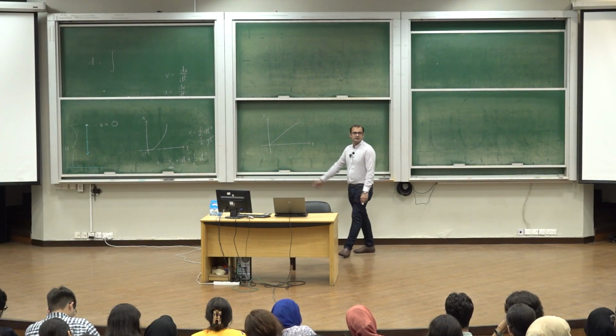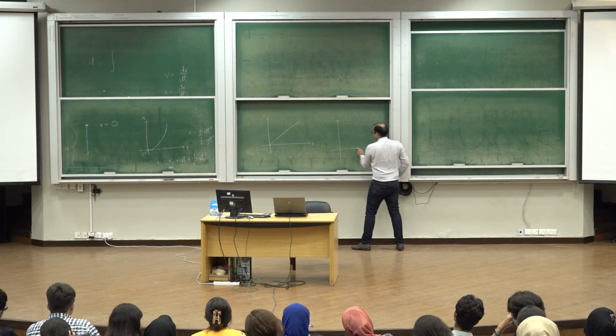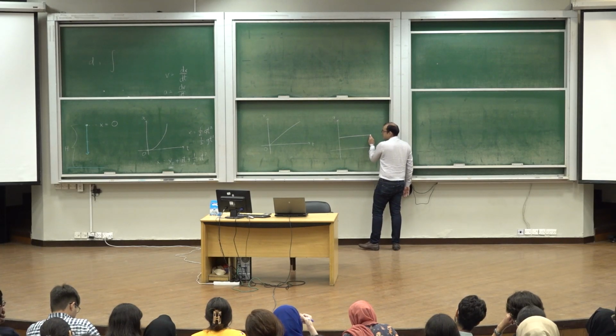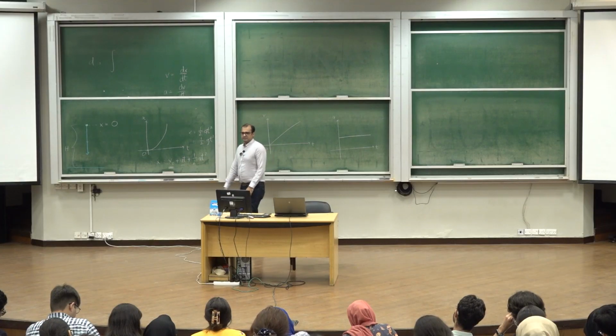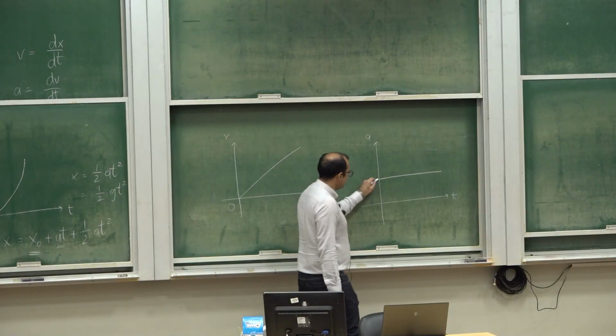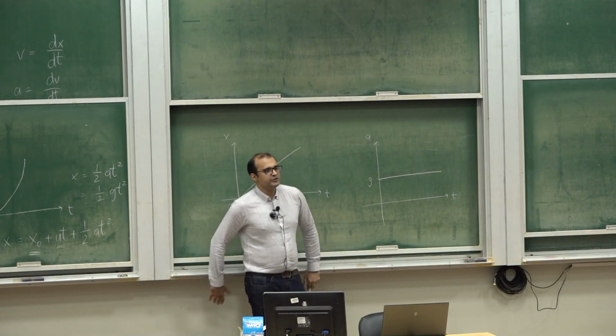That's exactly what you have over here. If I then ask you plot the acceleration versus time, what do you get? You just get a straight line with a positive vertical axis intercept.